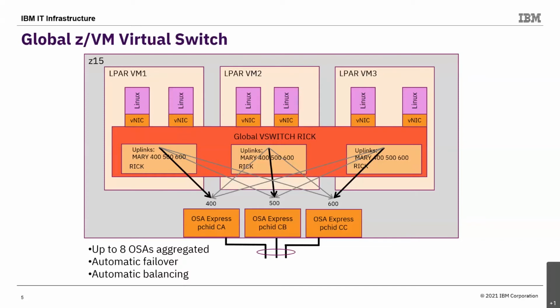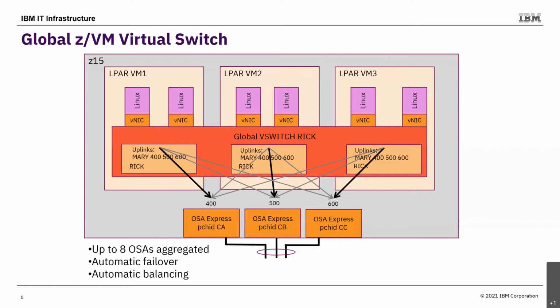So we have to coordinate that, and we need that communications path to do that. So the basic requirement in order to use a global vSwitch is that the IVL vSwitch has to be defined and fully operational for all this to work.